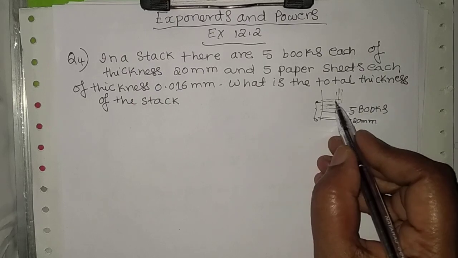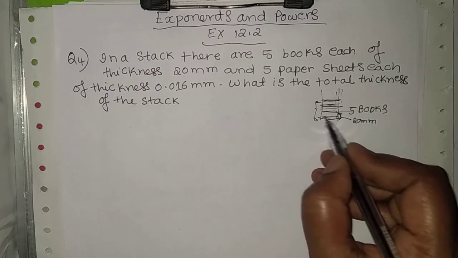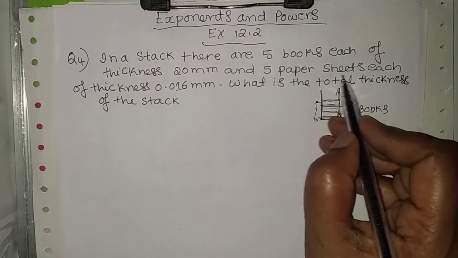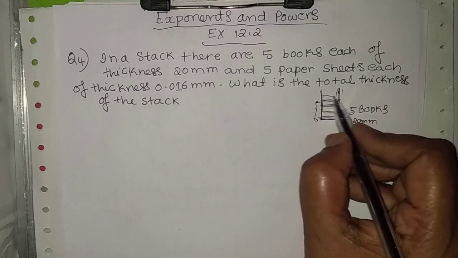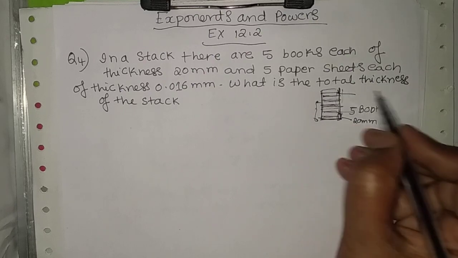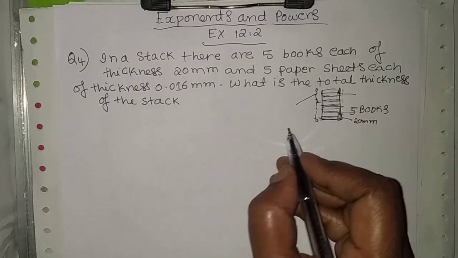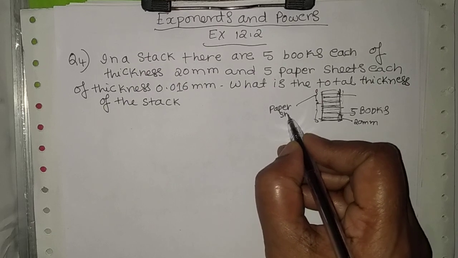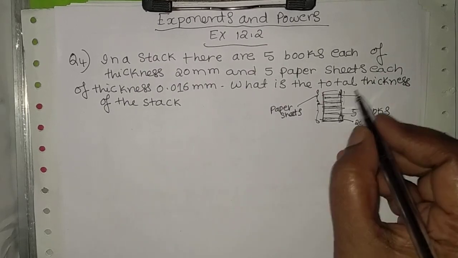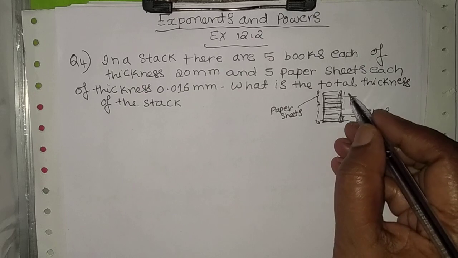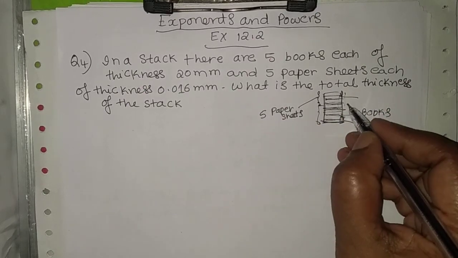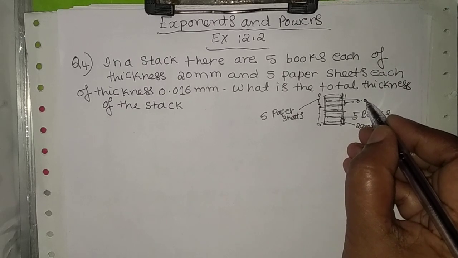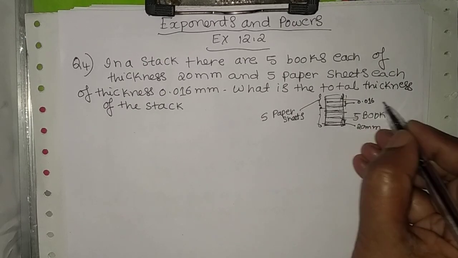After these books in this stack, there are also paper sheets. There are 5 paper sheets, and the thickness of each paper sheet is 0.016 mm.